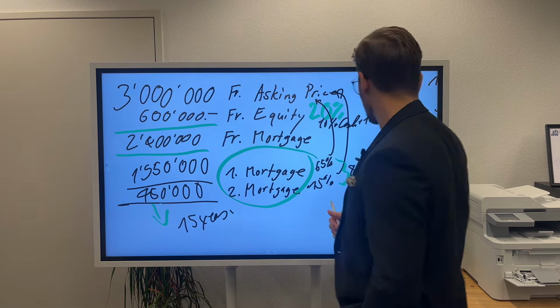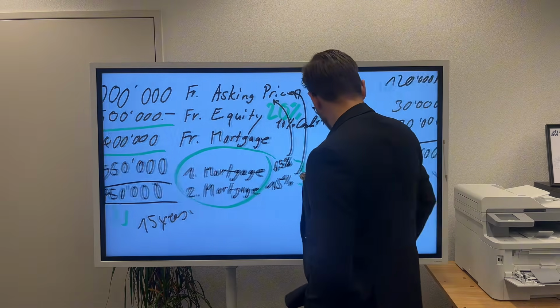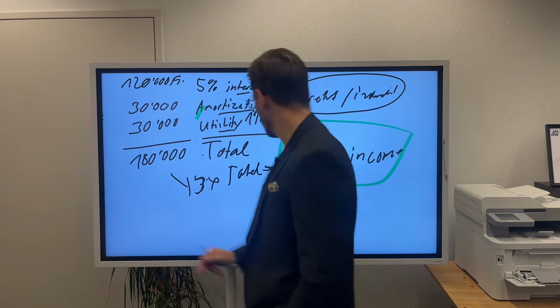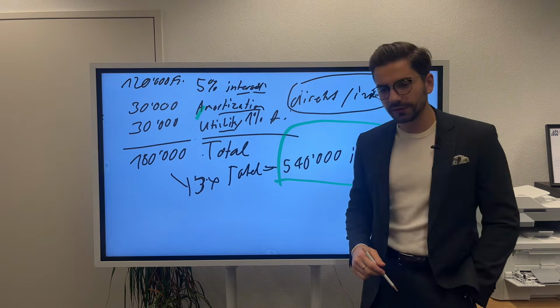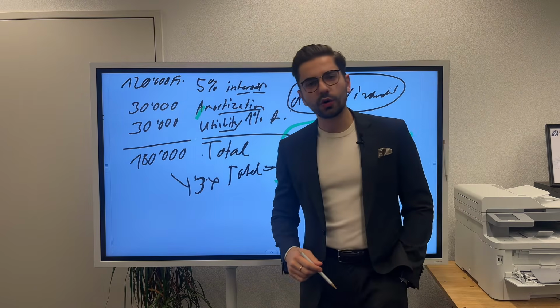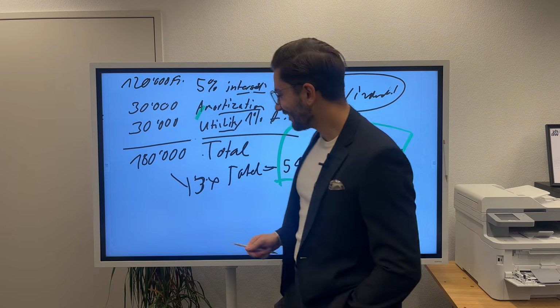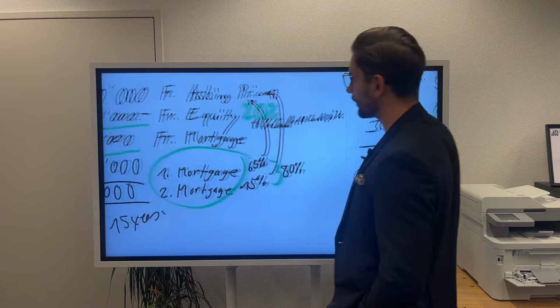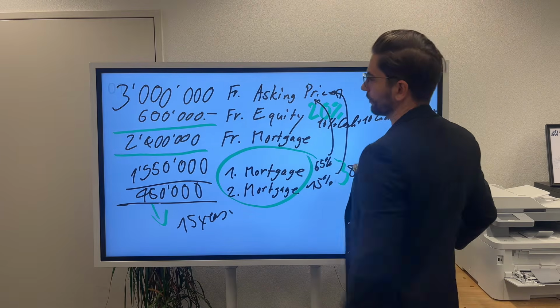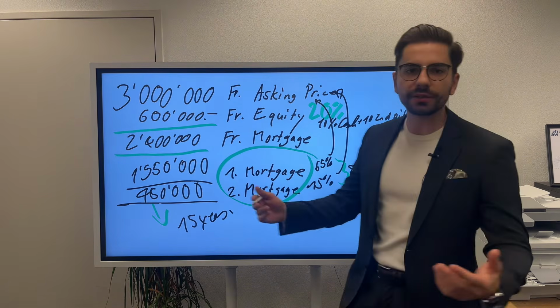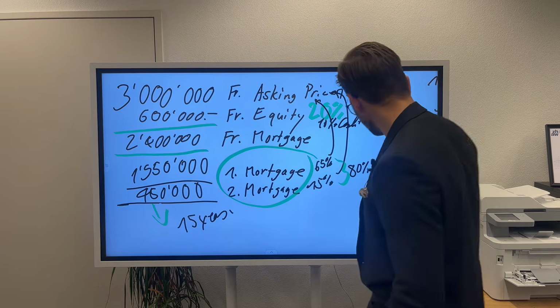What happens if you can't have an income of 540,000? Well, go get a raise. No, just kidding. Then you need to make a bigger down payment. Maybe bring like 1 million, for example.